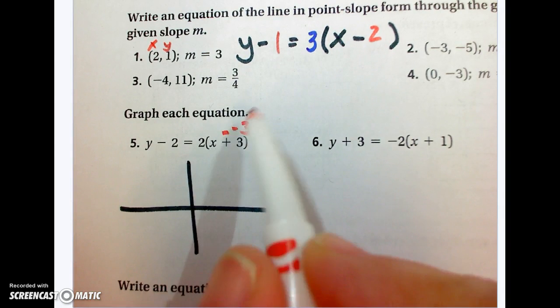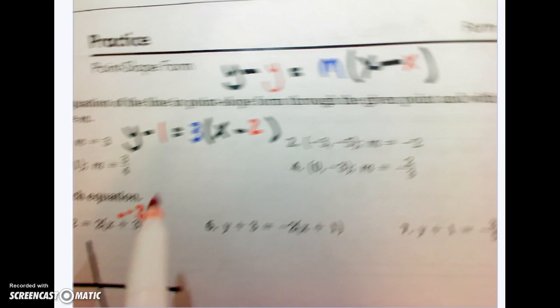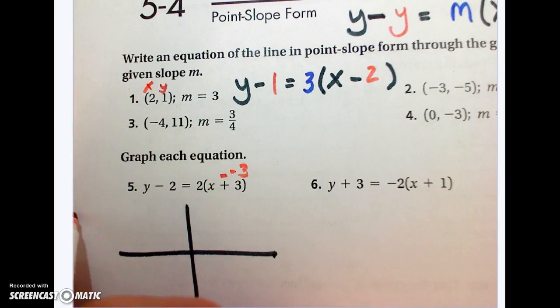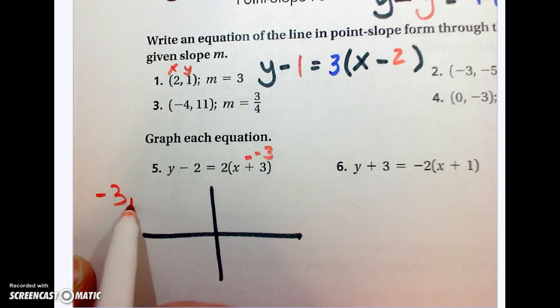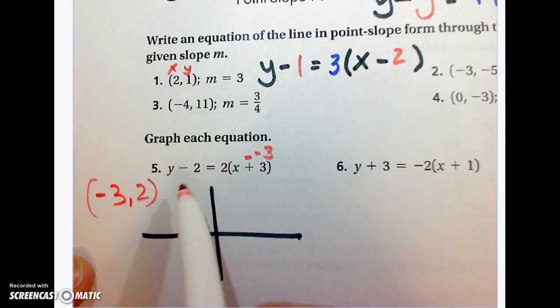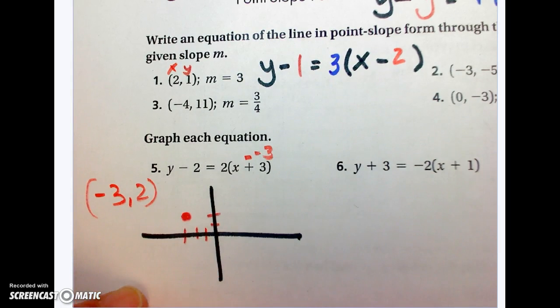Remember, our original is subtracting. So this is a -3 for x and 2 for y. So I need to go to -3 and 2. There's my starting point.